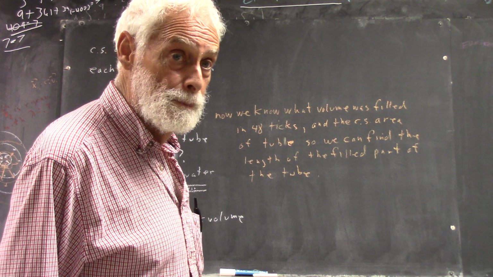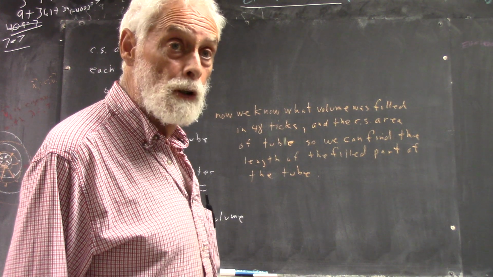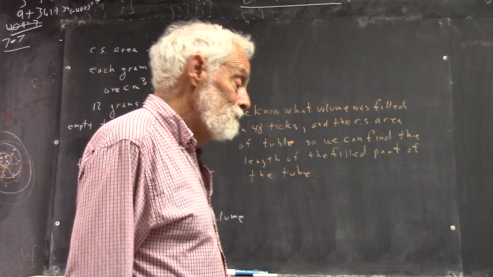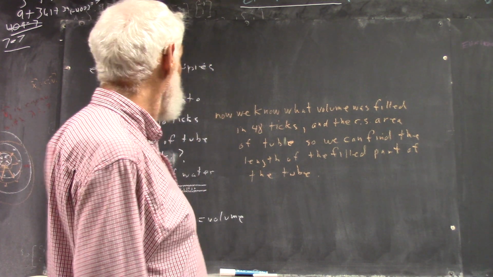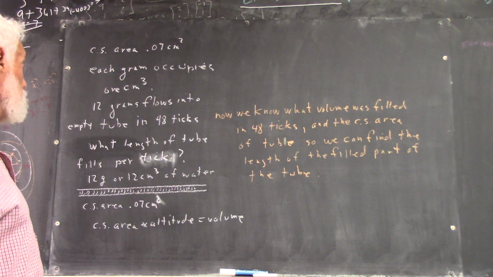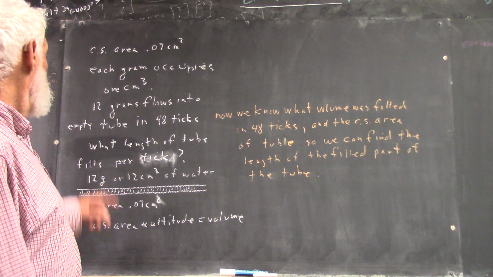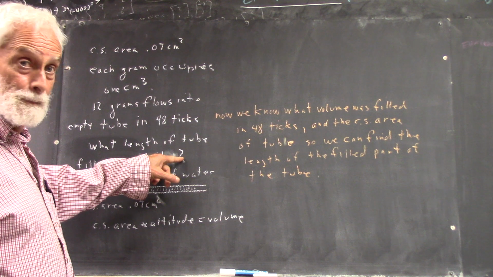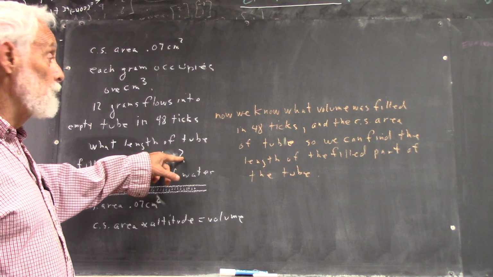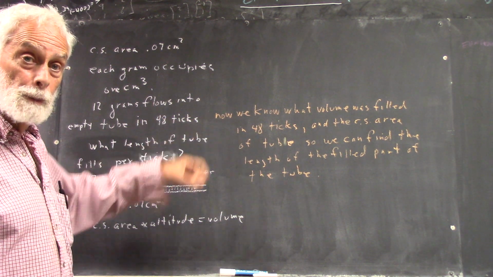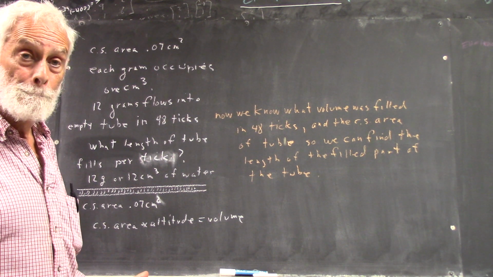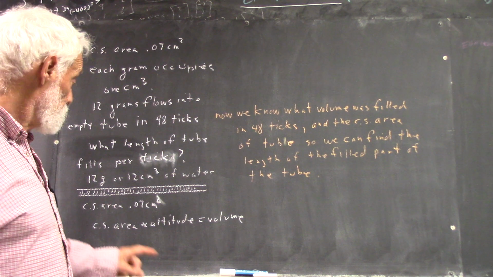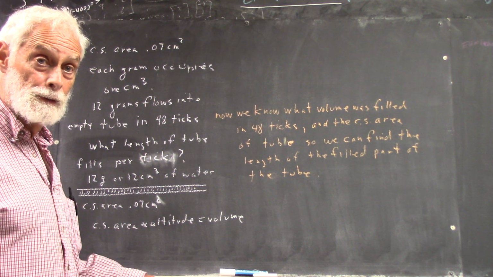Okay? Now in a minute we'll talk about how Corbin approached it. Because what Corbin did was he basically said, okay, I know 1/4 gram flows in 1 tick. Well, you could find what length of the tube 1/4 cubic centimeter fills to, right? Got to be between 3 and 4 centimeters, because the cross-sectional area is 0.07 square centimeters.